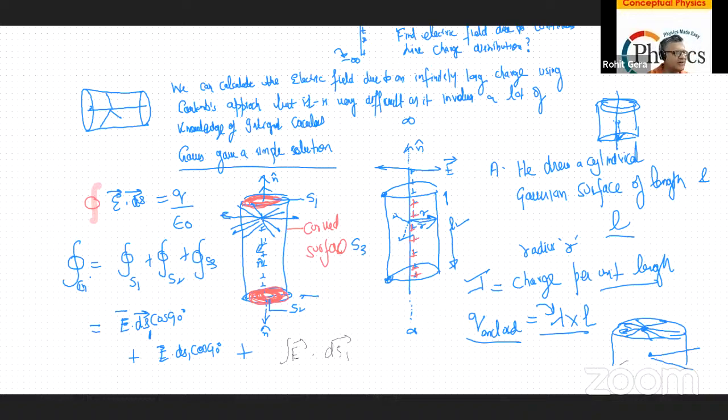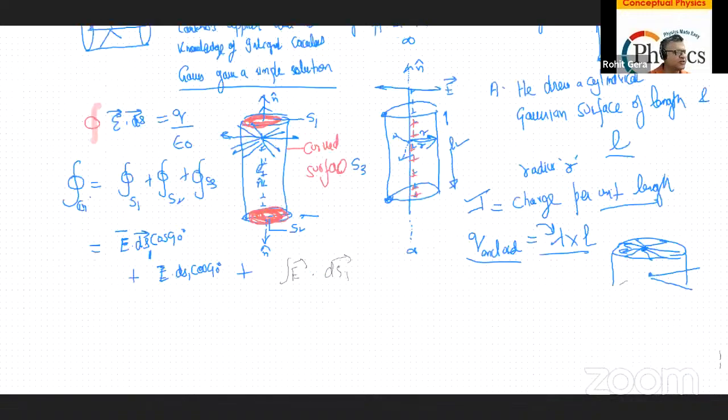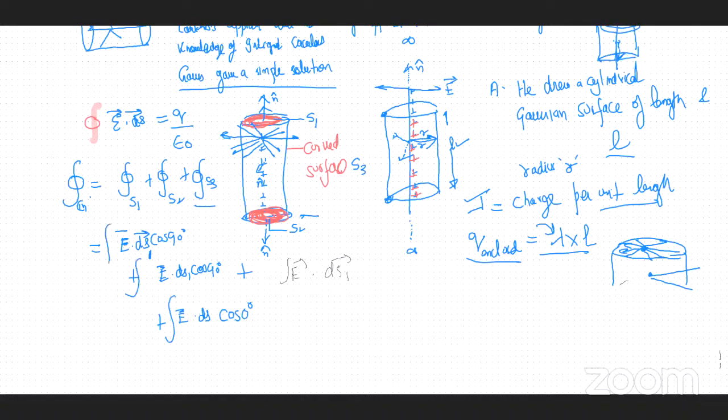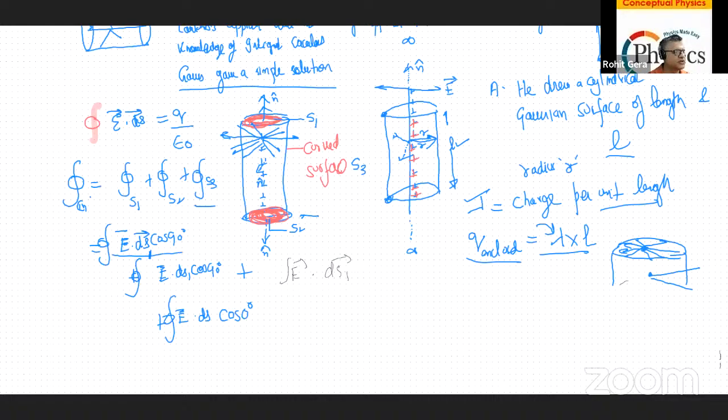So for the third surface, the curved surface area, it will be E dot dS cos 0. On the other two surfaces it is 0 because cos 90 is 0.